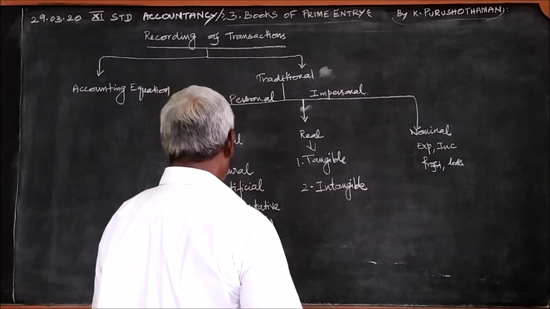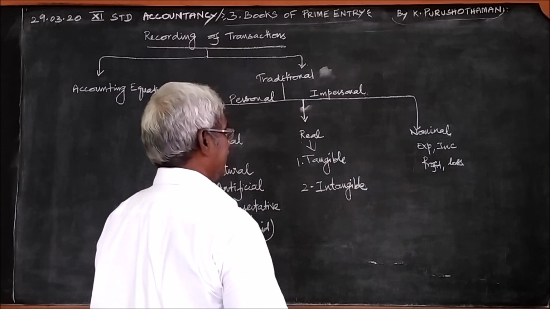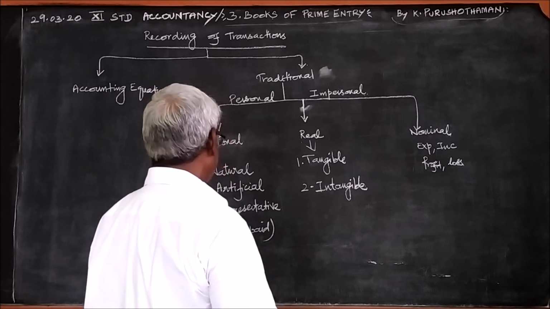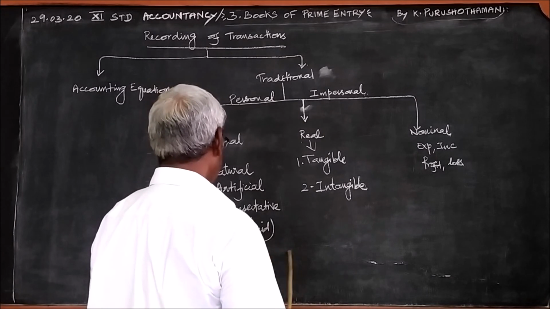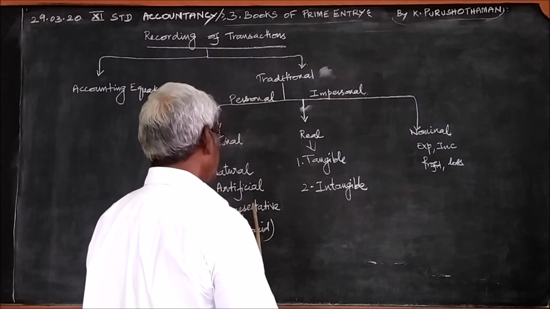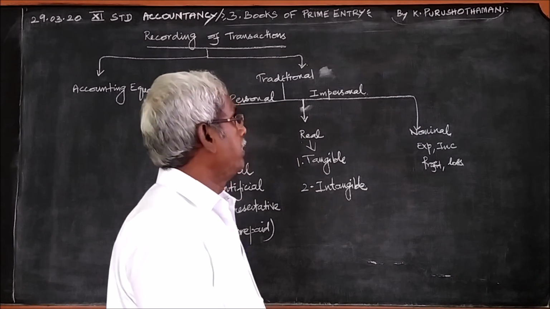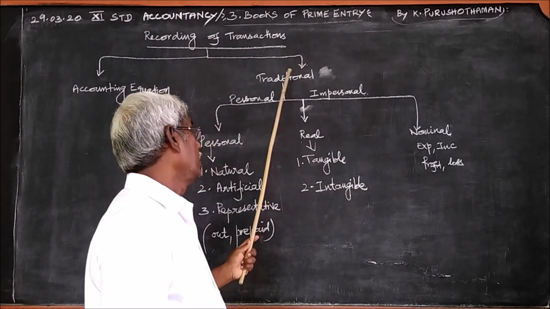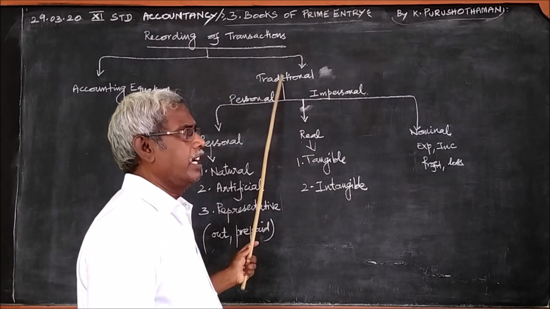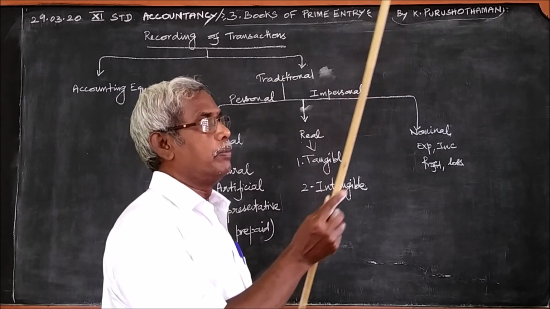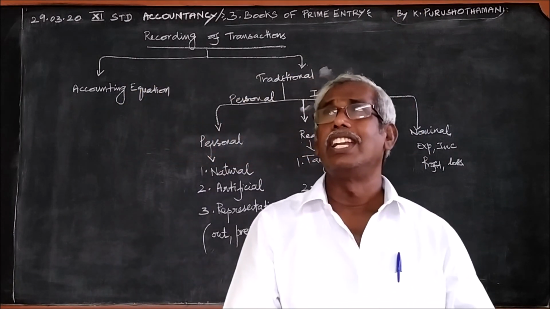Here, what we have kept as pending, the expenses, what we have paid in advance, all those things will come under representative personal account.